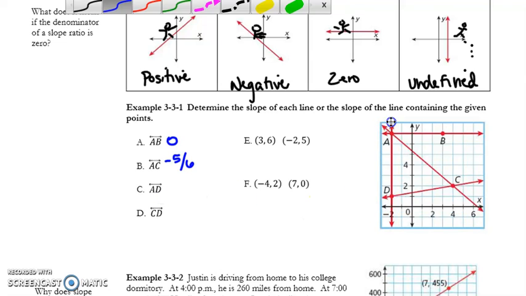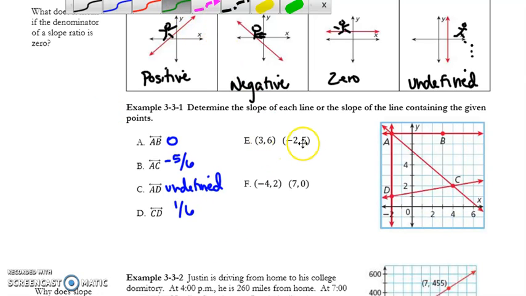AD, we are so steep we're falling off of it. So undefined. Okay, CD, I'm going up 1 and right 6. 1, 2, 3, 4, 5, 6. So up 1, right 6.